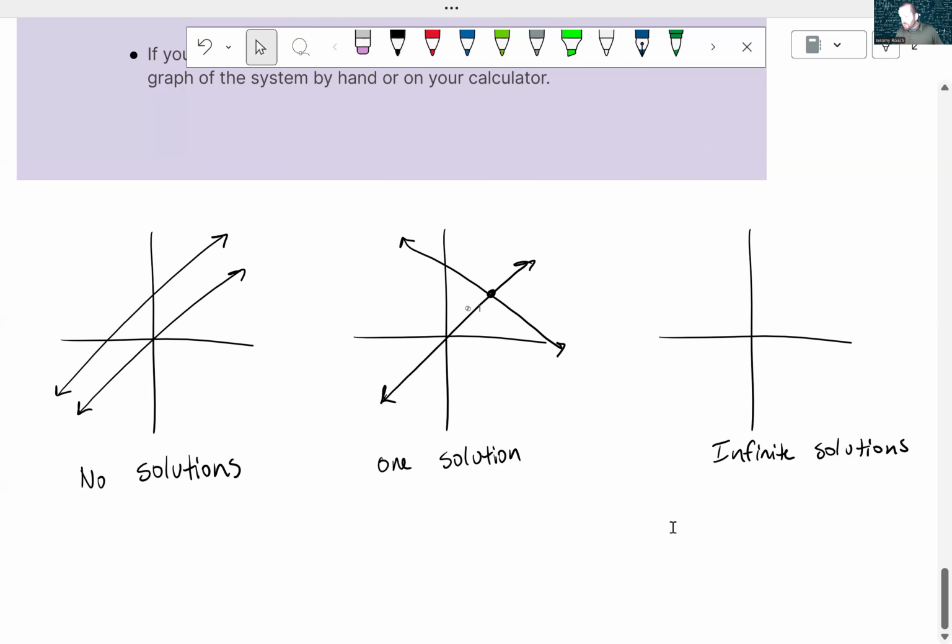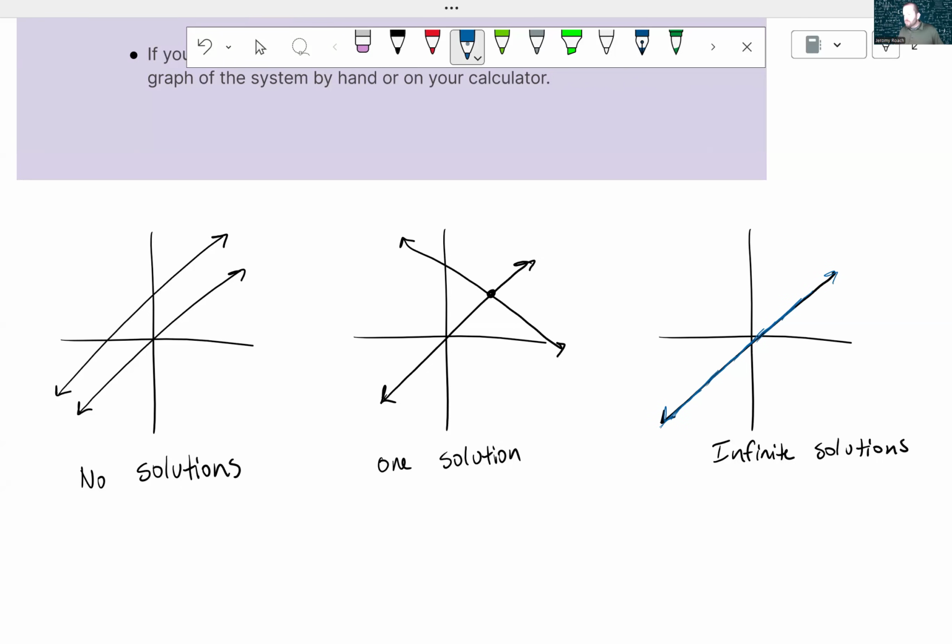And infinite solutions is kind of a unique one. It's the same exact line. So have a line like that. And then our second line, and I'll draw it in a different color so that we can see that it actually is overlapping, is the exact same line. So that's infinite solutions.